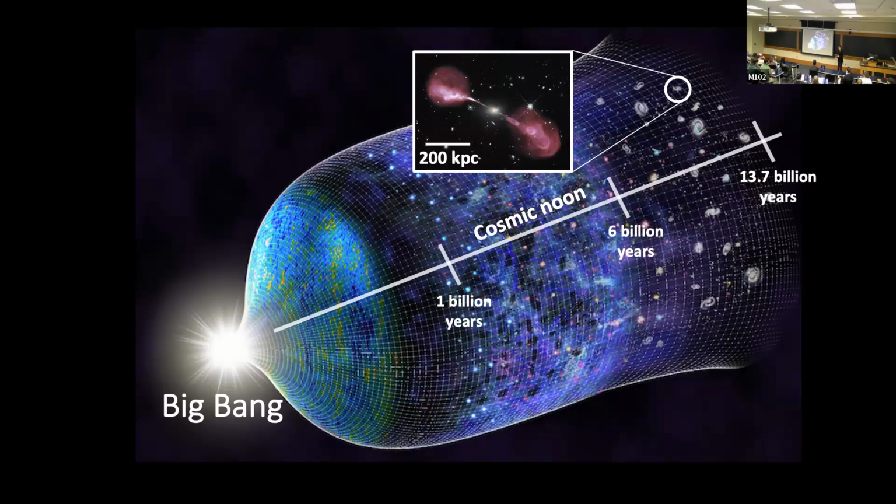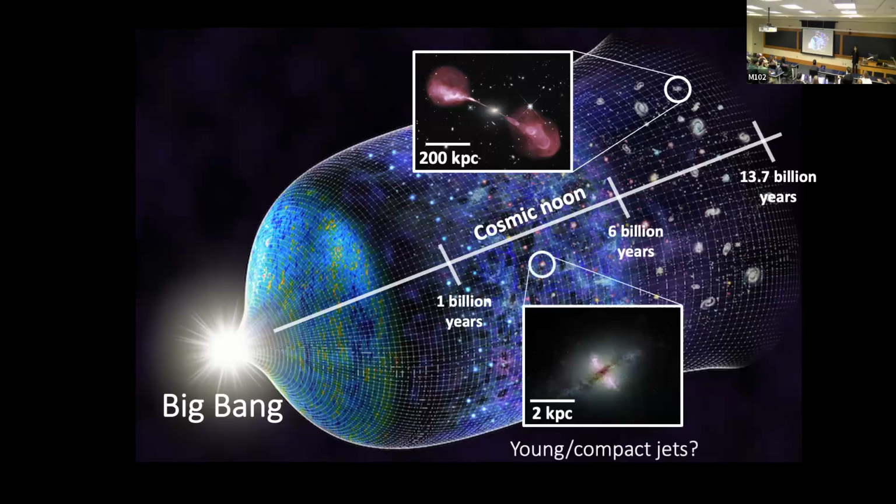So they're thought to heat gas in the intercluster medium, and that prevents it from then cooling and being accreted onto galaxies to form stars. So we know quite a bit about that. But what we don't know as much about is what happens when the jets are very small and still confined within their host galaxies.